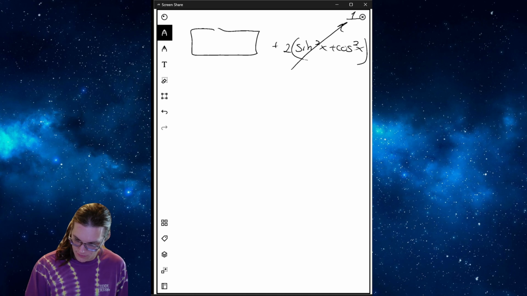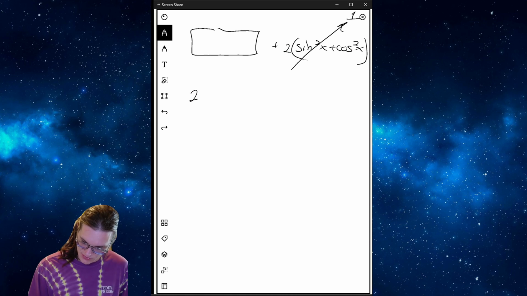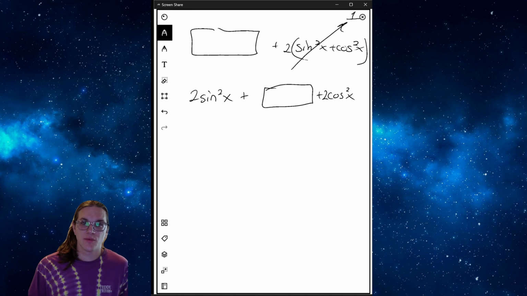So as I said, this 2 here is going to say, okay, I have 2 times sin² of x plus cos² of x, which means you may also end up with this in a problem. Then you can just quickly in your head say, okay, I can get rid of both of these and just call it 2.